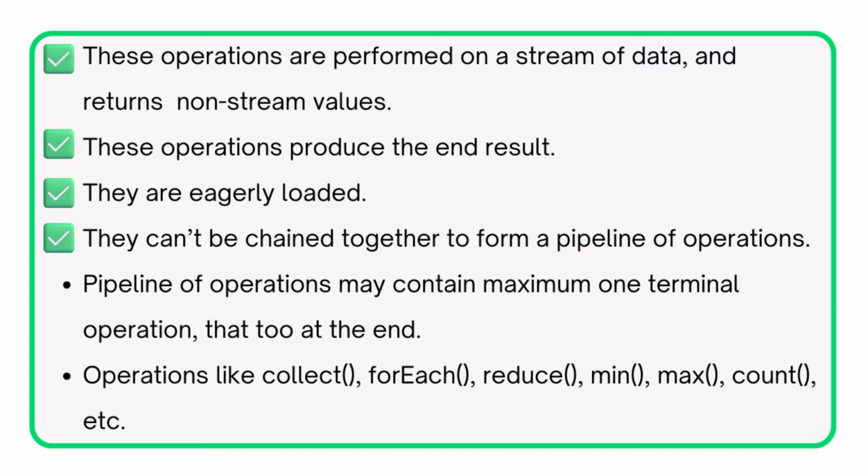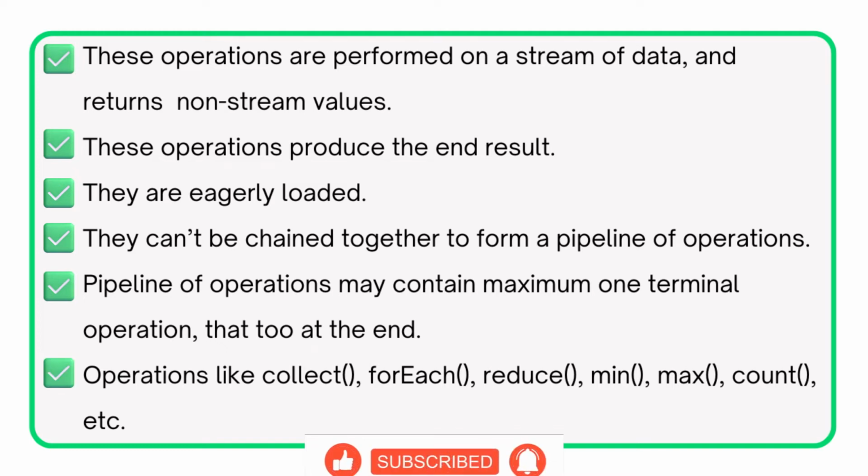They can't be chained together to form a pipeline of operations. Hence, the pipeline of operations may contain a maximum of one terminal operation, that too at the end. Some of them are collect, forEach, reduce, min, max, count, etc.